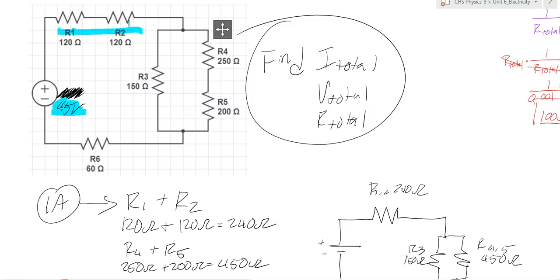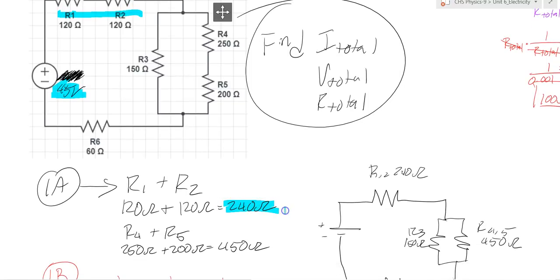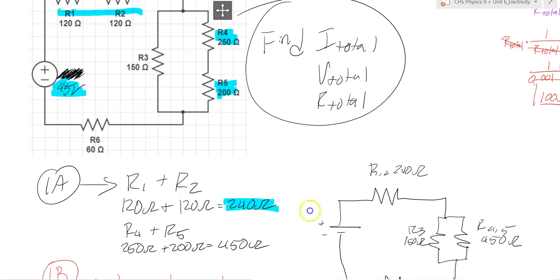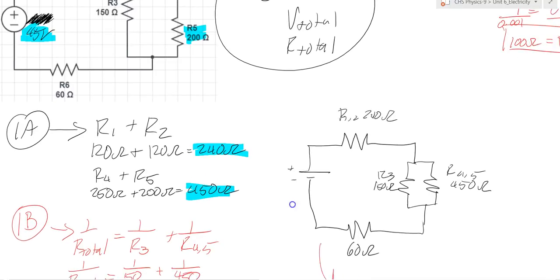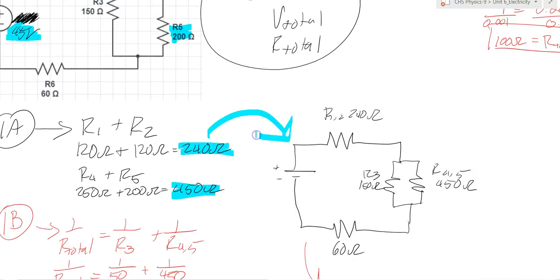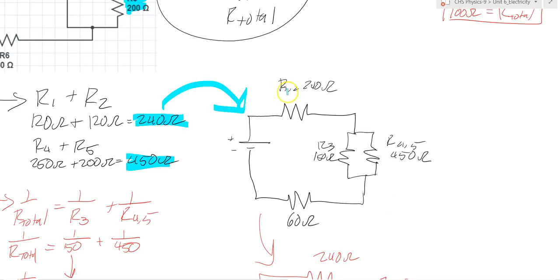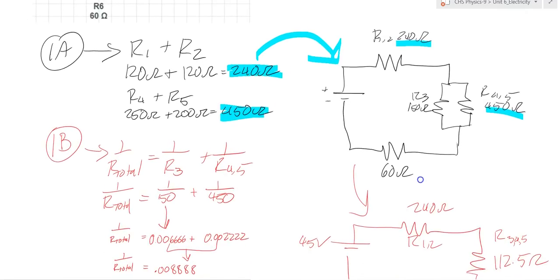So I combined R1 and R2, and I got 240 ohms. And then I combined R4 and R5 together, and I got 450 ohms. I then redrew the circuit, and this is what I got. Everything else was the same.